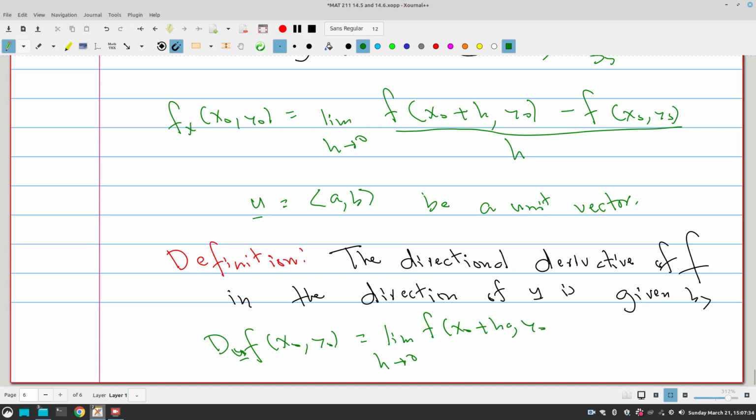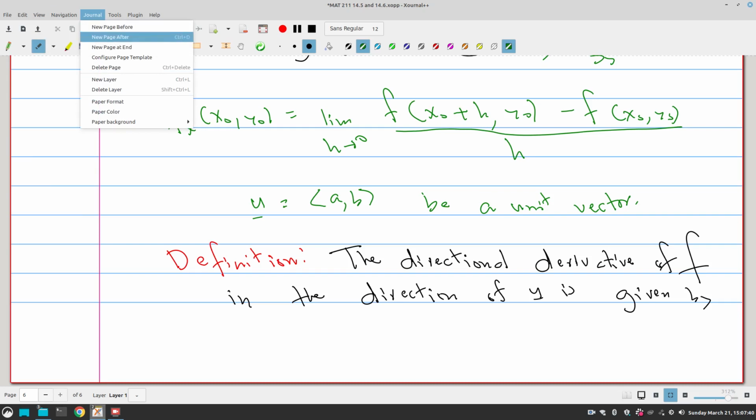Actually, let's write this down now on a new page. So the notation is this: D sub u of f at x0 y0 equals the limit as h goes to 0 of f of x0 plus ha comma y0 plus hv.